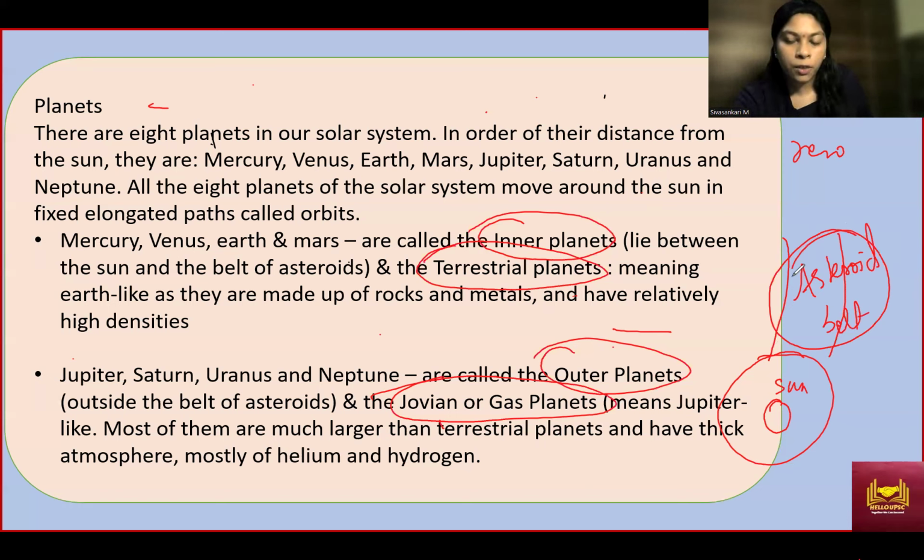The planets between Mars and Jupiter. So here there is an asteroid belt. This asteroid belt defines the border of inner planets and outer planets.